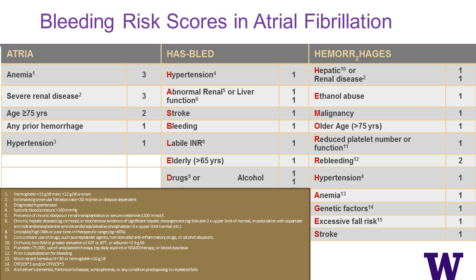So increasing age, prior stroke, and high blood pressure are all things that increase risk of stroke, and they also increase risk of bleeding. The HAS-BLED score is probably the most common and most well-known of these, but all have been studied.